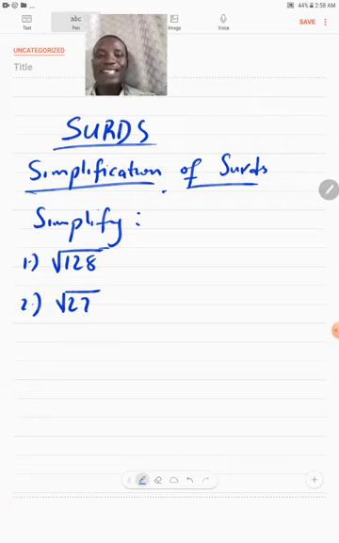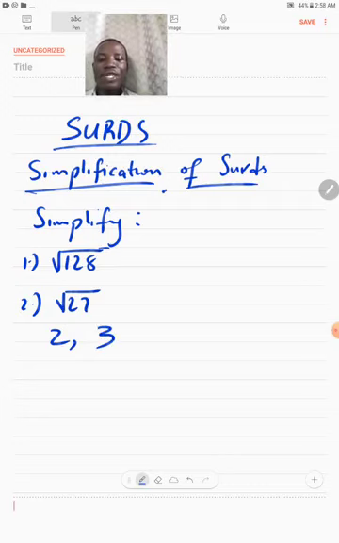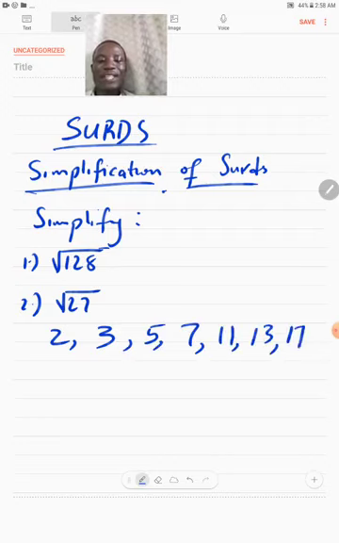Or you can say prime numbers are numbers divisible by 1 and itself only. For example, the first prime numbers that you will come across among natural numbers: 2 is a prime number, 3 is a prime number, 5 is a prime number, 7 is a prime number, 11 is a prime number, 13 is a prime number, 17 is a prime number.